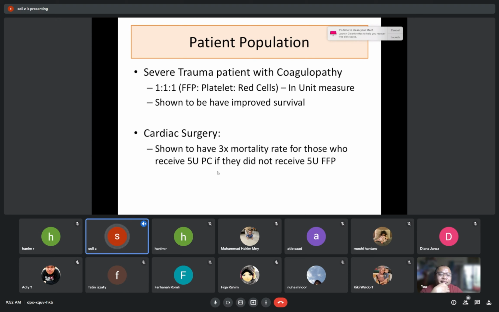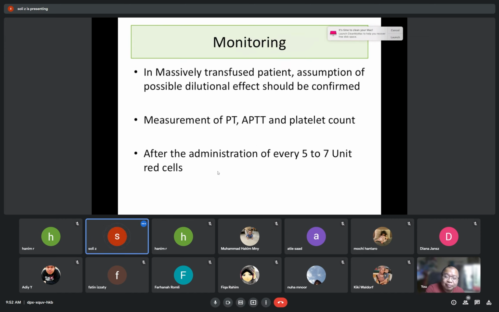So let's say if we transfuse 2 bags of platelet, we transfuse 2 bags of FFP. So why this 1:1 ratio? What is the significance of the 1:1 ratio?